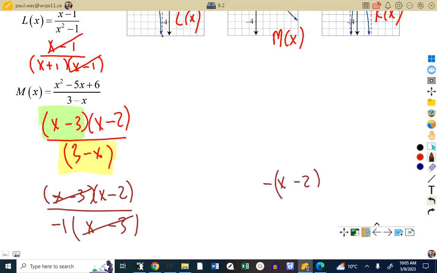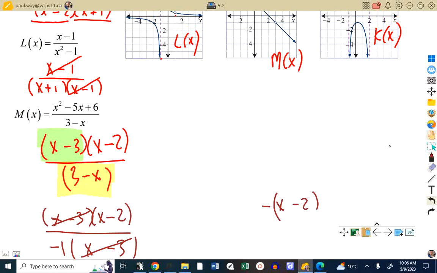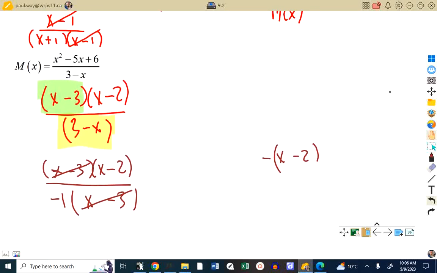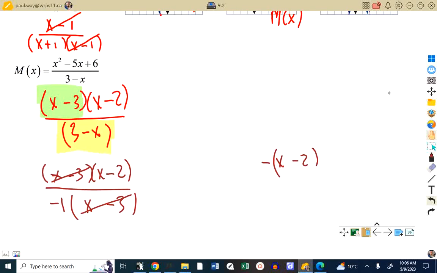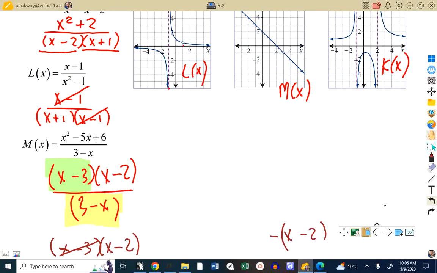Of course, x is not allowed to be 3. And that's why that one has a hole, and that's why it's m of x. By the way, if I put 3 in here, 3 minus 2 is 1, negative 1 is the y-coordinate, and you can see the y-coordinate is negative 1. Any questions at all with example 3b?